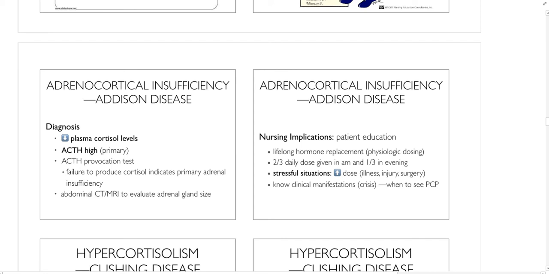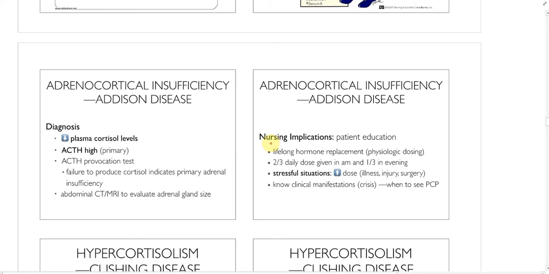But if we give them ACTH and they do produce their cortisol and other hormones, then that means that the issue is not lying with the adrenal cortex. The issue is that we have something wrong with the pituitary gland, since it's not properly giving signals to the adrenal cortex to release hormones. Hopefully that was a little bit less confusing and rambly.